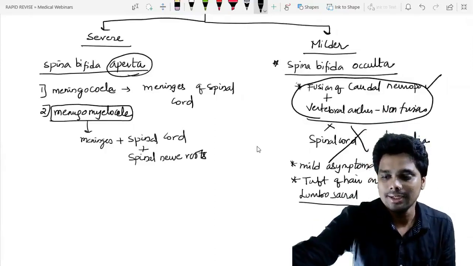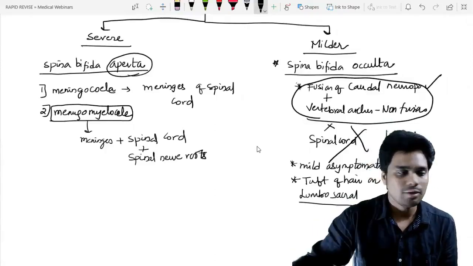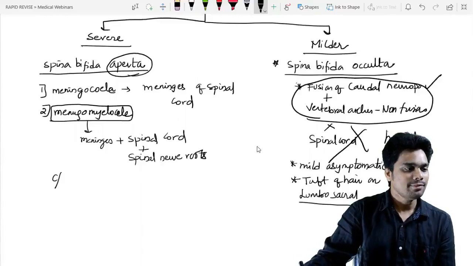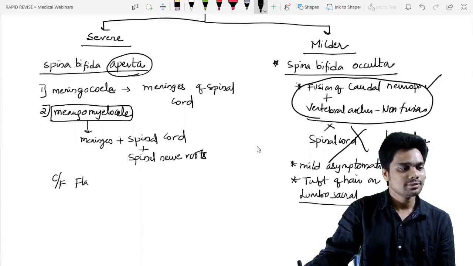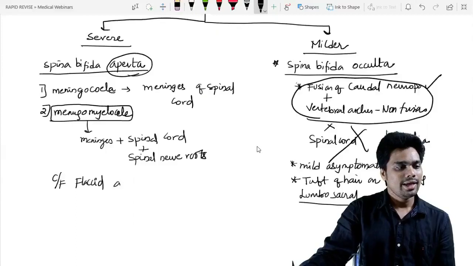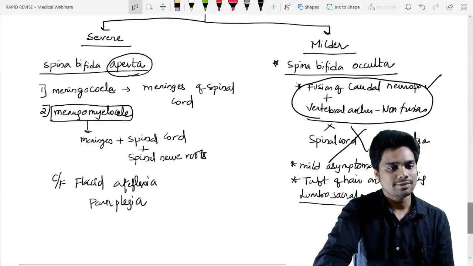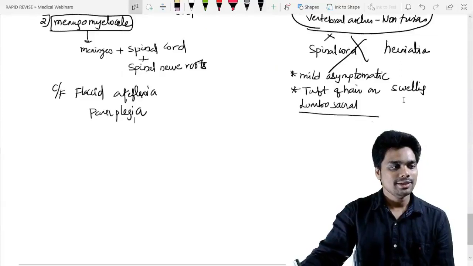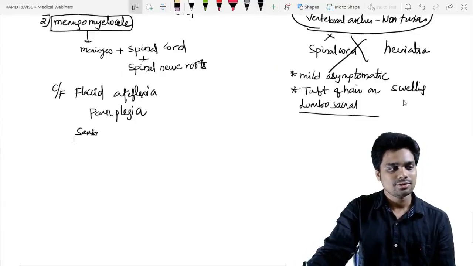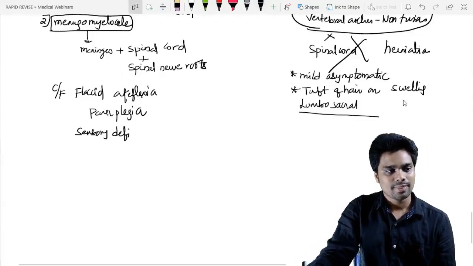So what are the clinical features of meningomyelocele? The child can have flaccid areflexia and paraplegia. The child has weakness of the limbs here. Sometimes even the sensory system gets affected. So there are sensory deficits.